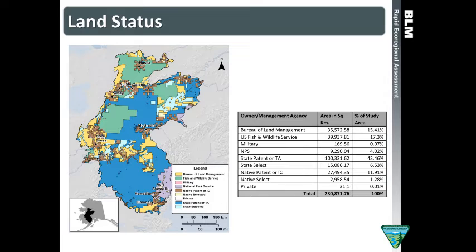We'll get into more detail this afternoon about what the difference is, and how much we can differentiate between these three categories: state patent, TA, and select. Similarly, between native patent, IC, and native select. It makes a difference what you can do on those lands, depending on what status they fall into.